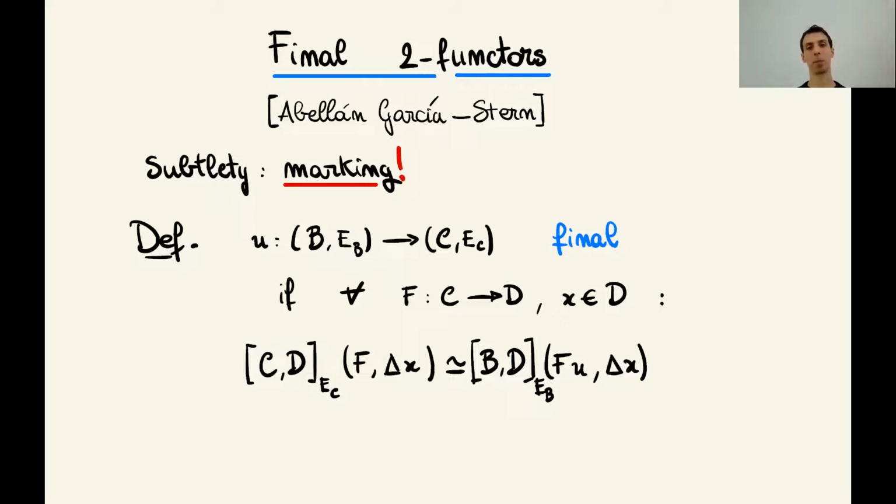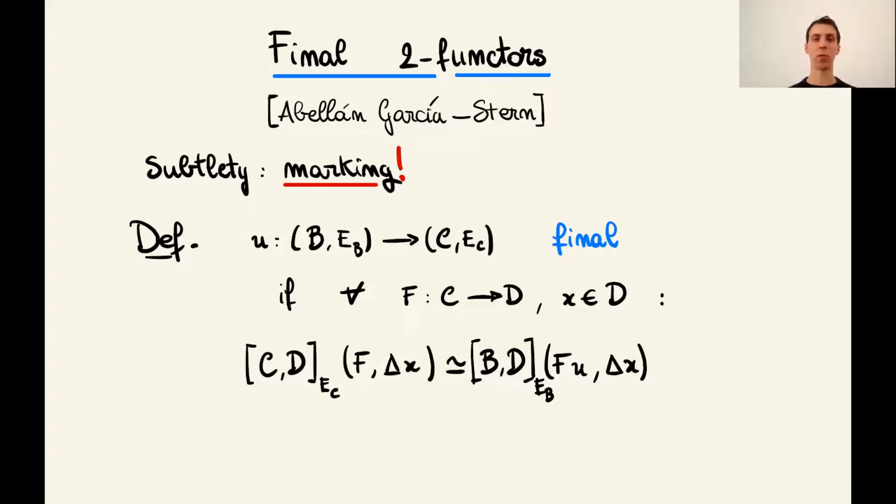So what is marking here? A marking is simply a bookkeeping device that we put on some one arrows in these two categories to say, okay, this one arrow will have some particular property. There will be some transformation for which, if this arrow is marked, something will be invertible at some point. So this is precisely what happens.